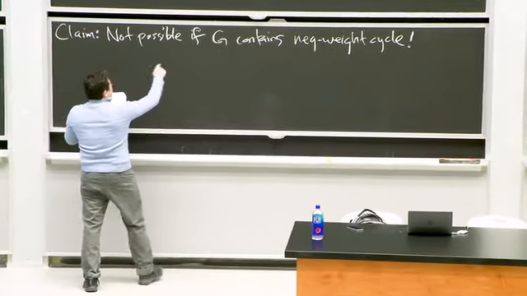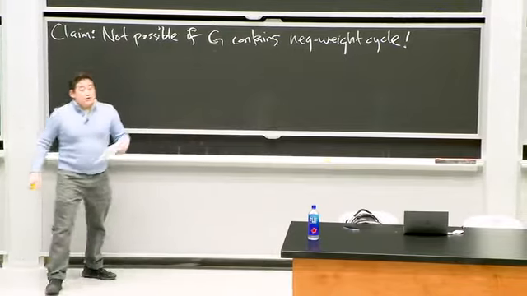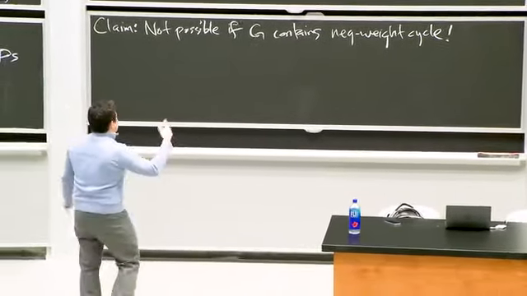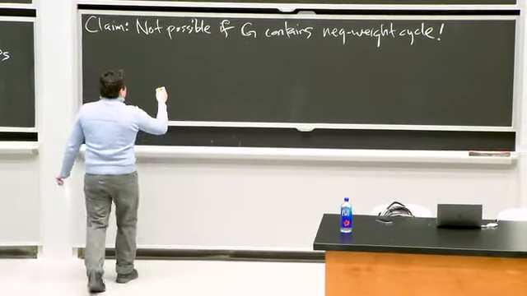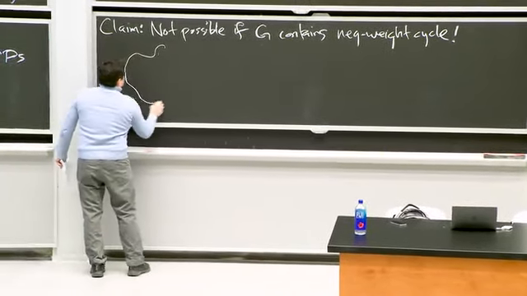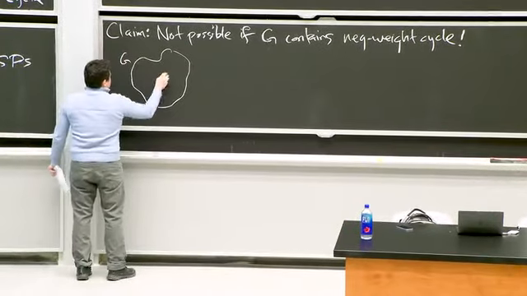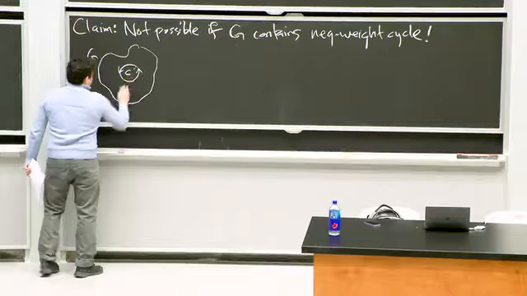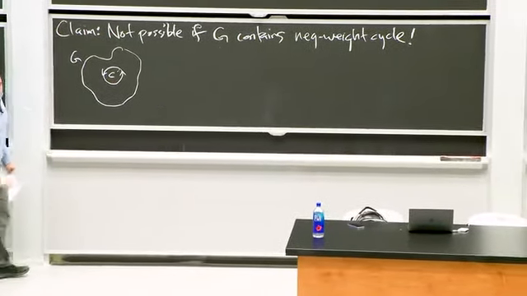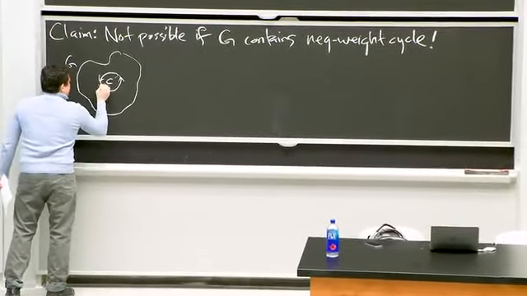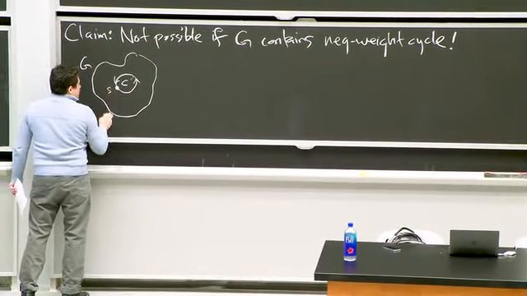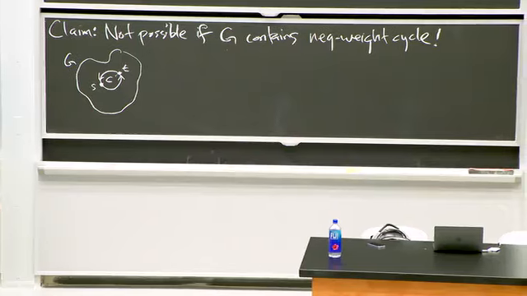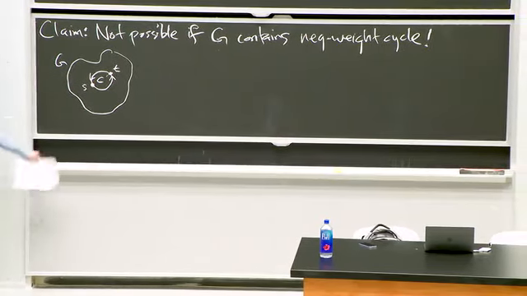So if G contains a negative weight cycle, then in particular, say this is G and we have a negative weight cycle, directed cycle C here. The shortest path from this vertex on the cycle to this vertex on the cycle, what is its length?